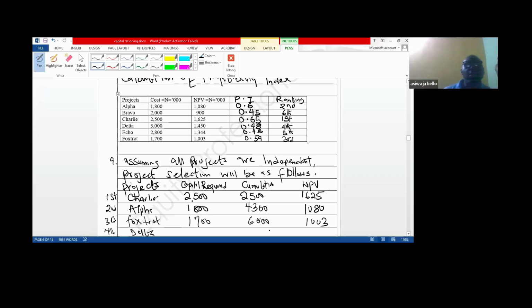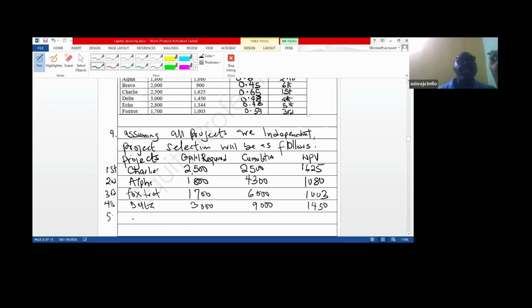Rank 5, fifth. Investment cost 2,800. Cumulative 11,800. NPV 1,344.